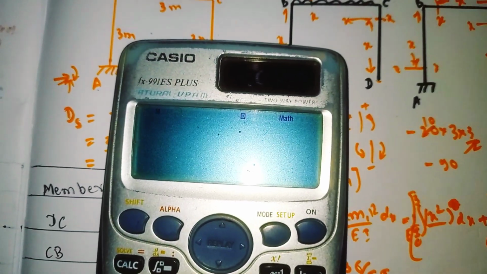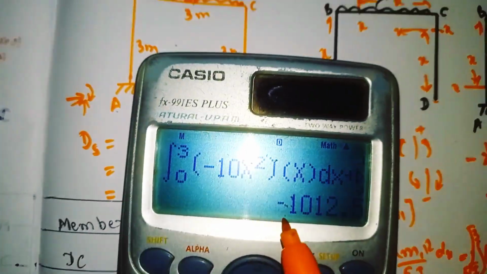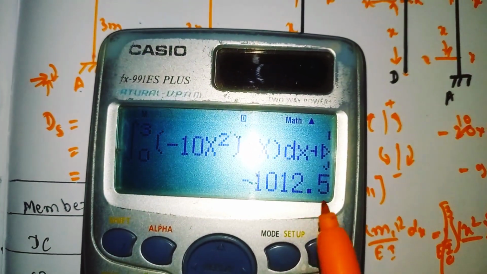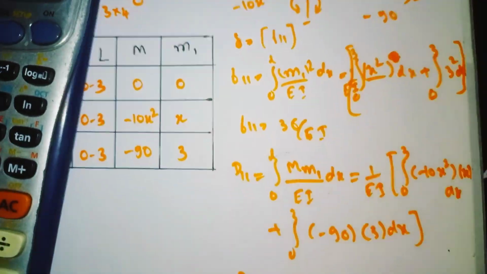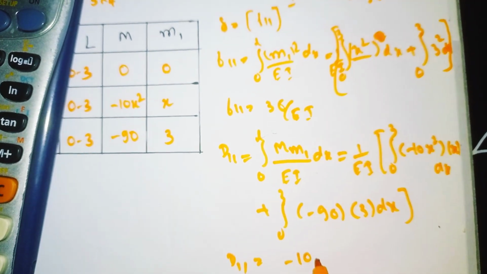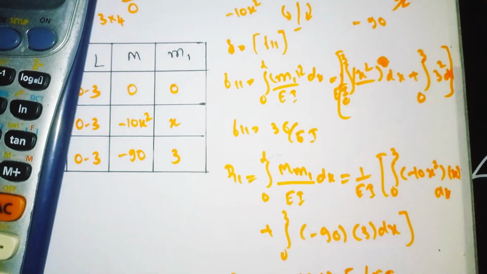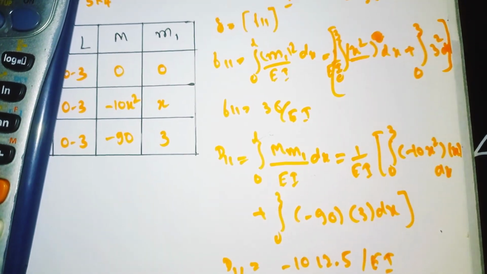So now solve it. Our d11 value will come out as minus 1012.5. So d11 value is minus 1012.5 divided by EI. So now we got the f11 and d11.